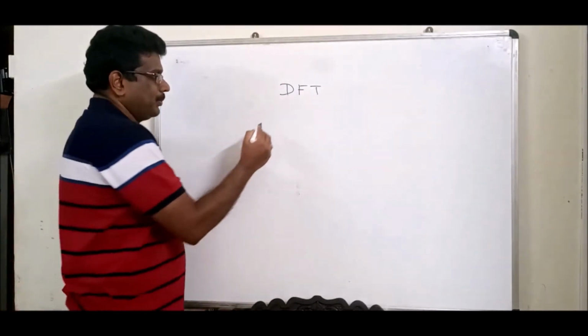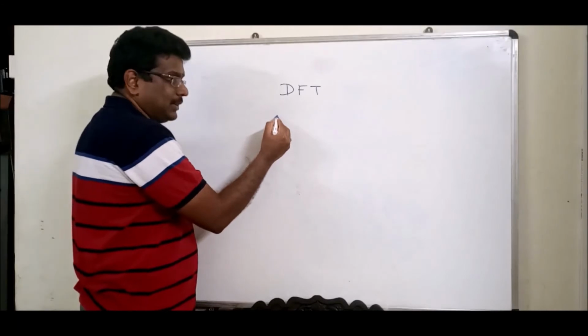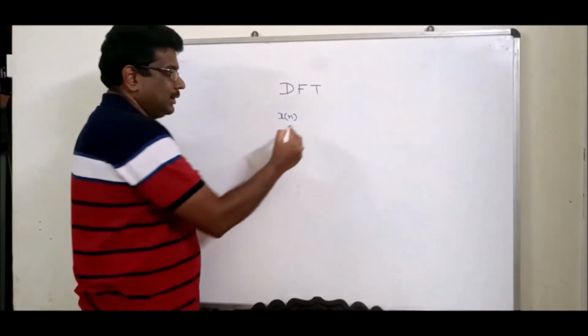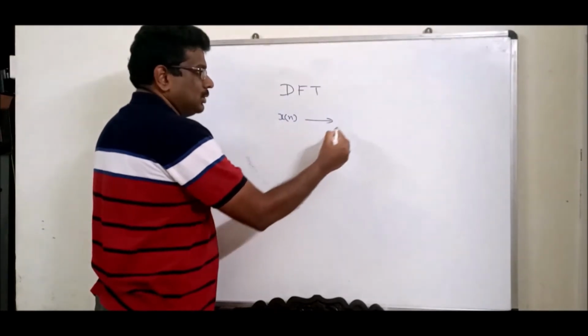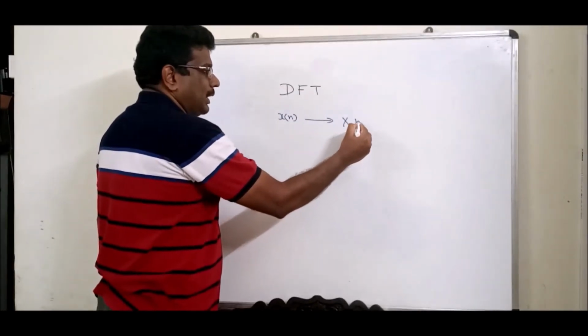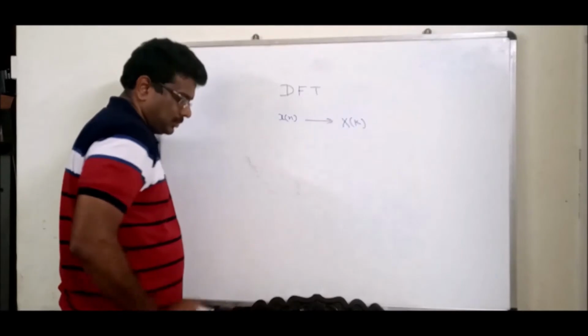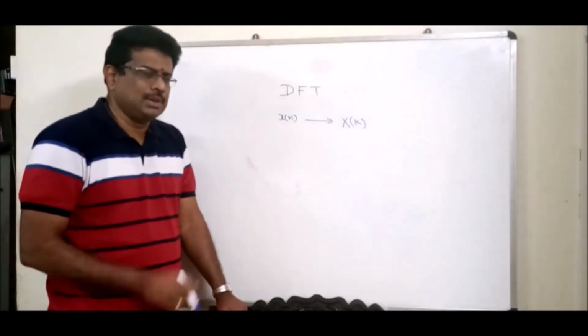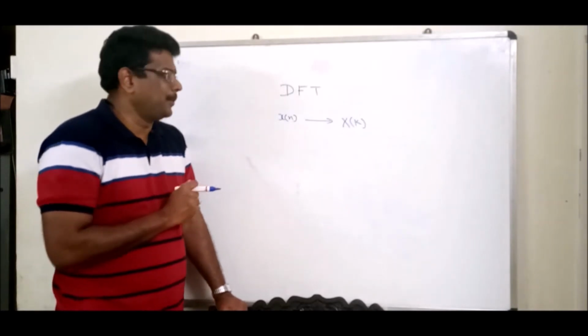It converts time domain x of n to frequency domain x of k. And there are some statements or wordings we use which you should be very careful about.